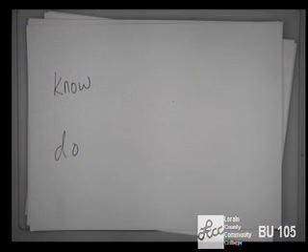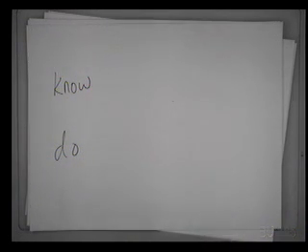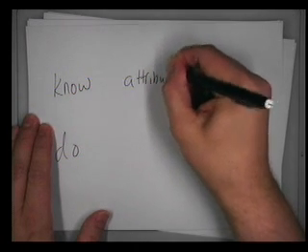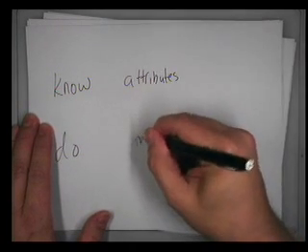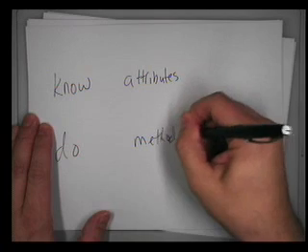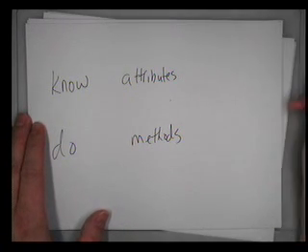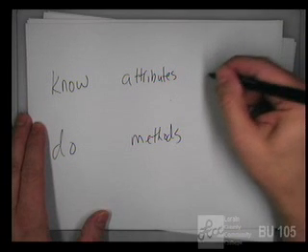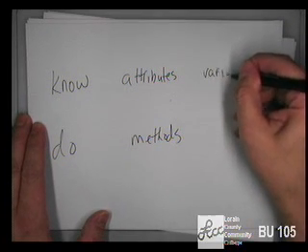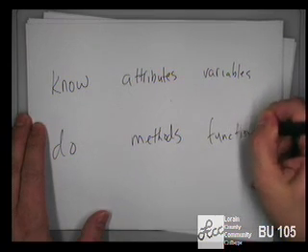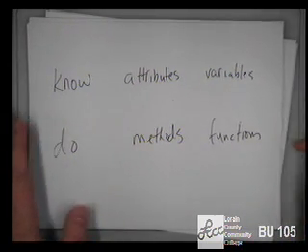When we say a class knows things and can do things, we mean attributes and methods, variables and functions, and so on.